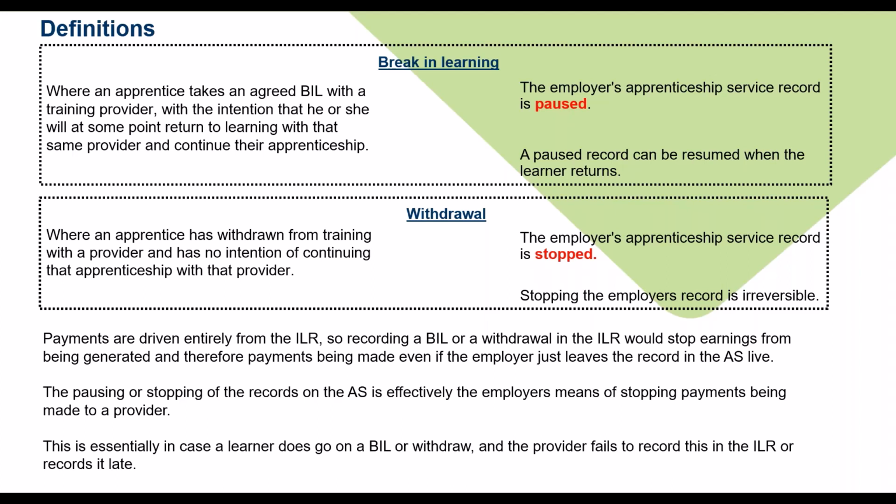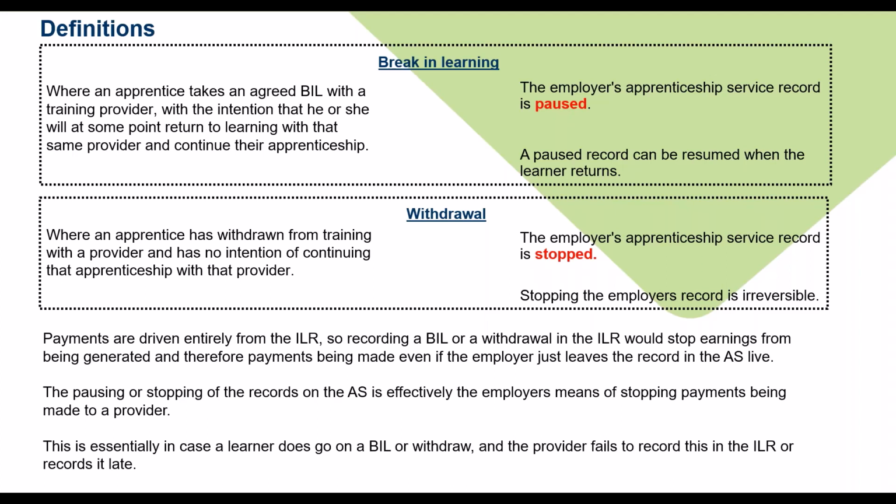It's worth adding probably at this point that earnings and payments that are made to training providers are driven entirely from the ILR. So recording a break in learning or a withdrawal in the ILR would stop earnings from being generated and therefore would stop payments being made. And that's irrespective of what the employer does with the record on the apprenticeship service, really.